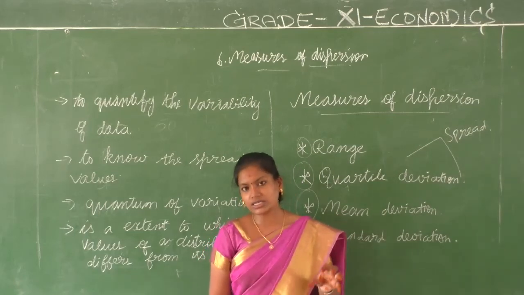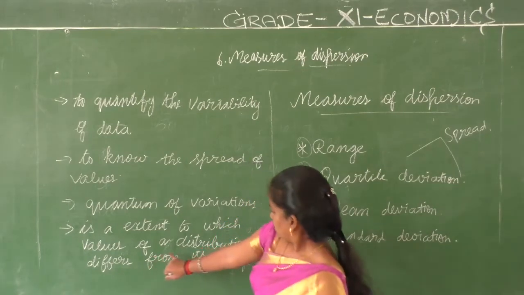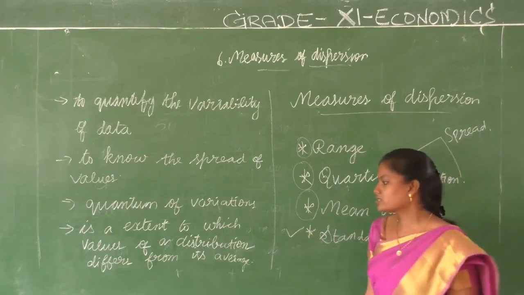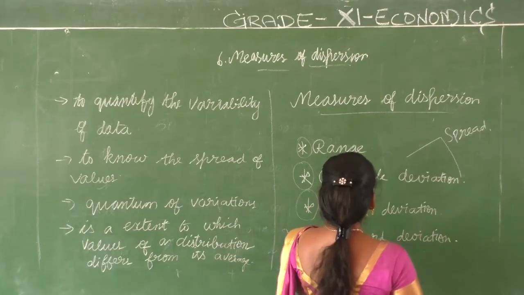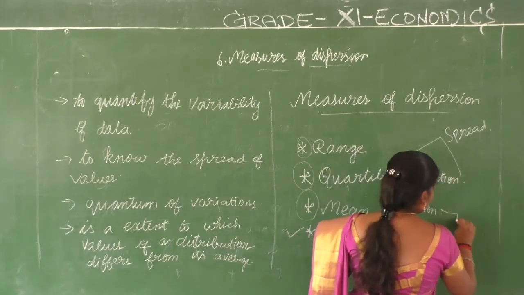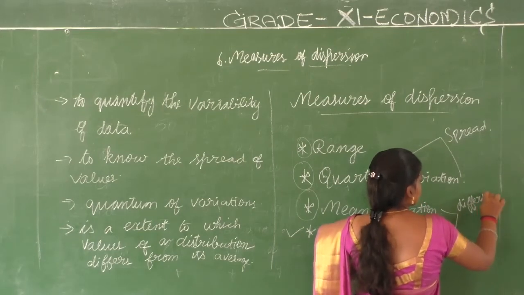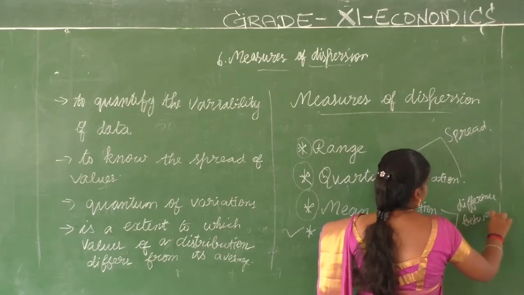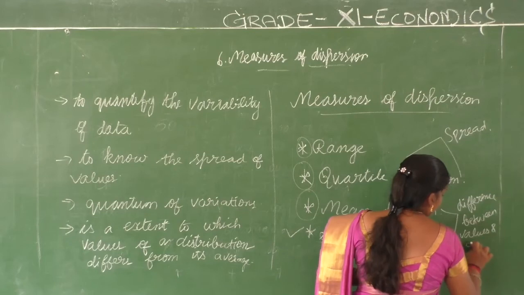Mean deviation and standard deviation calculate the extent to which values of a distribution differ from its average. What do they find, children? The difference between values and average.